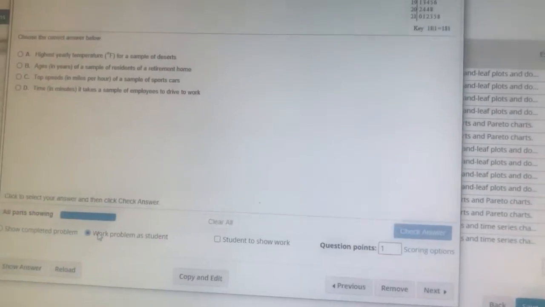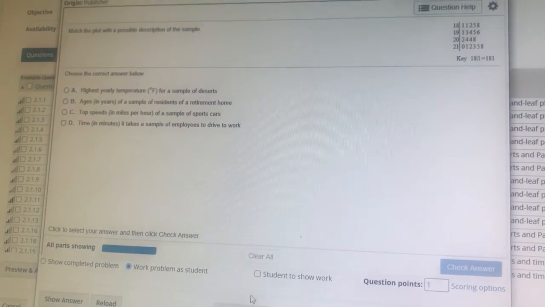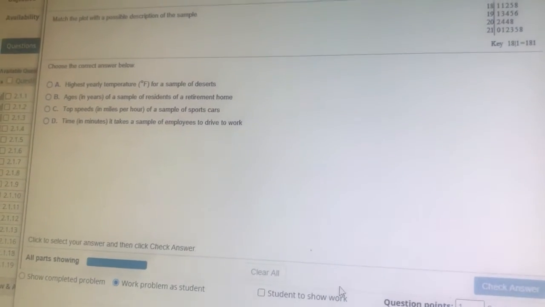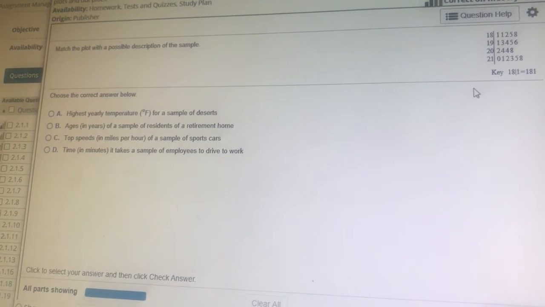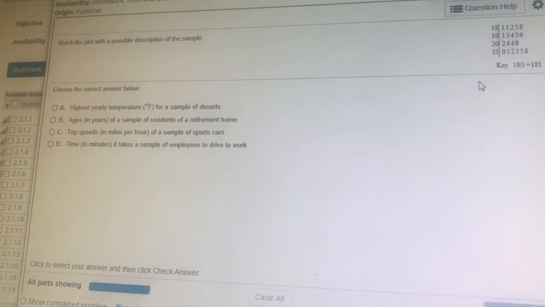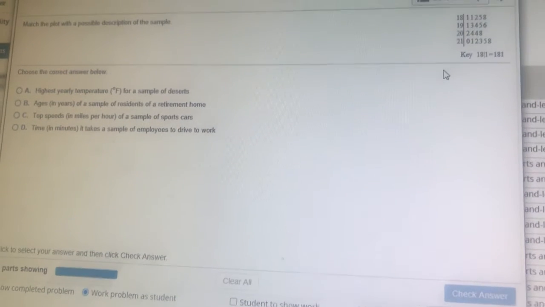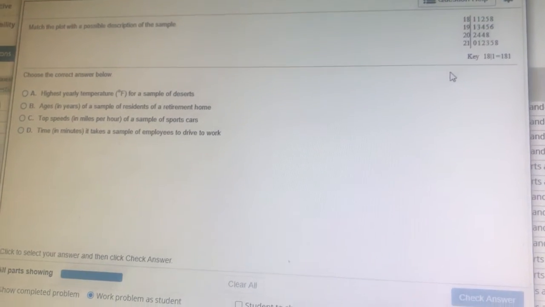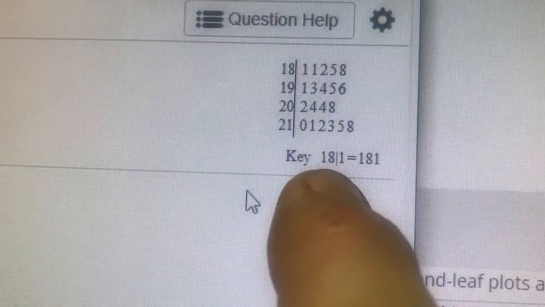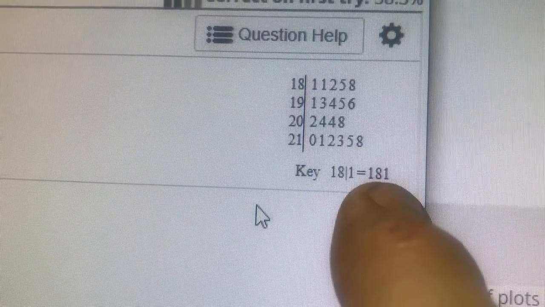Okay. Now this first one here, we see up in the top, this is a stem and leaf plot. If you notice, it has a 18, 19, 20, and 21. And it has a key. 18/1 means 181.